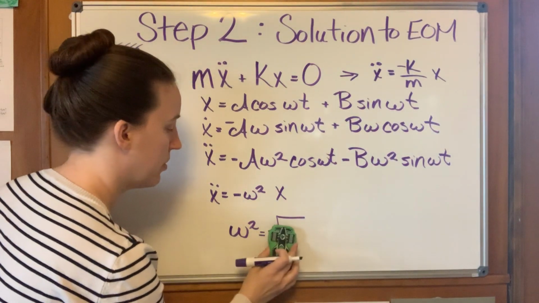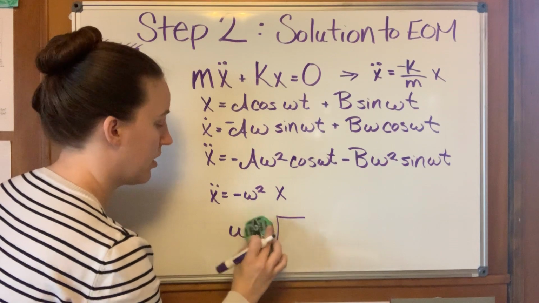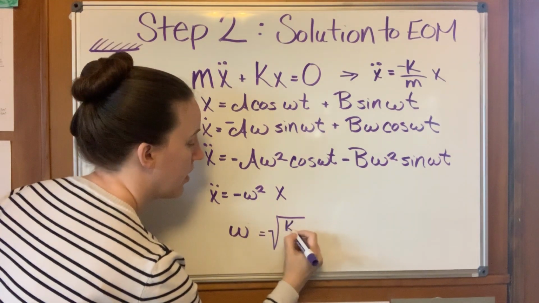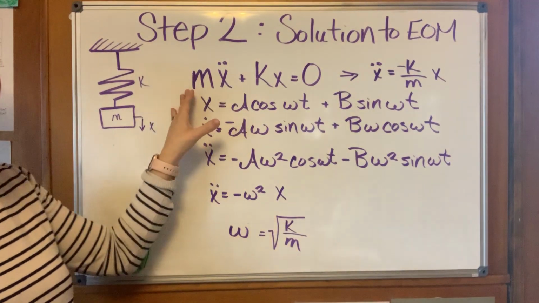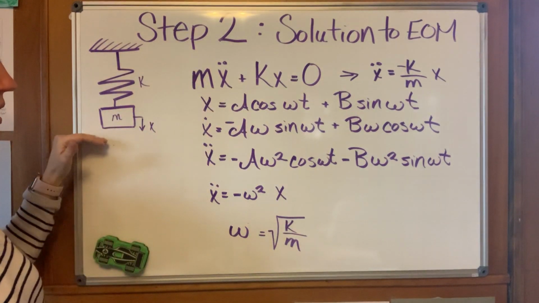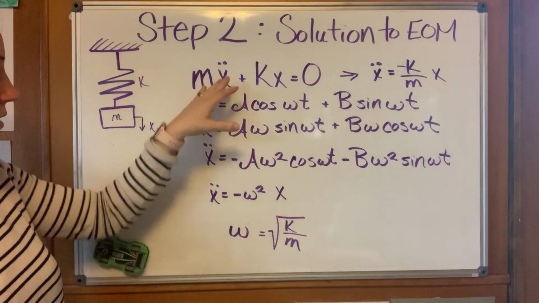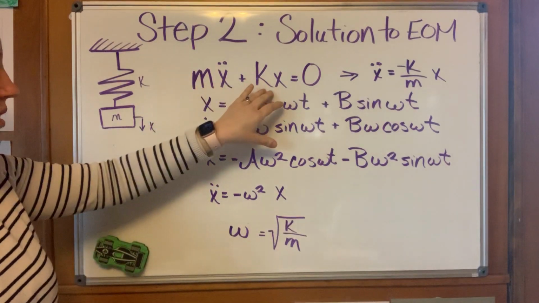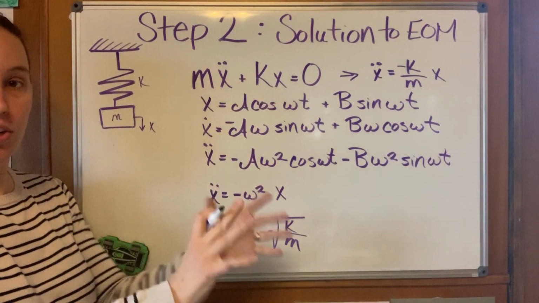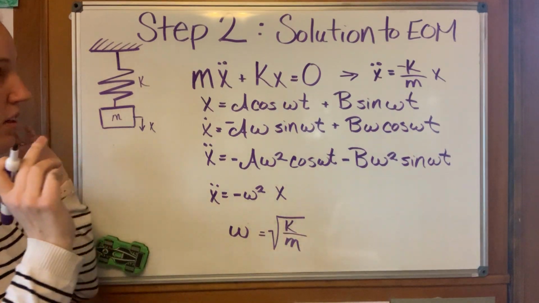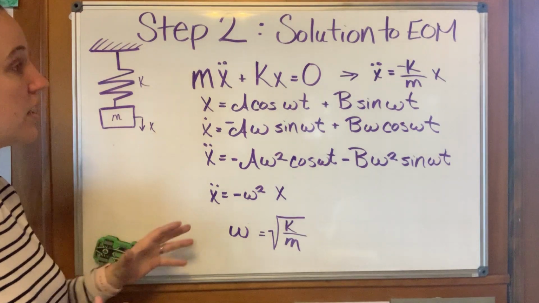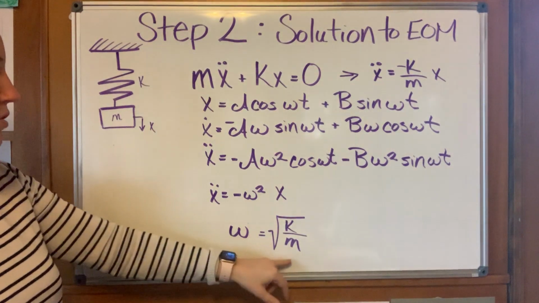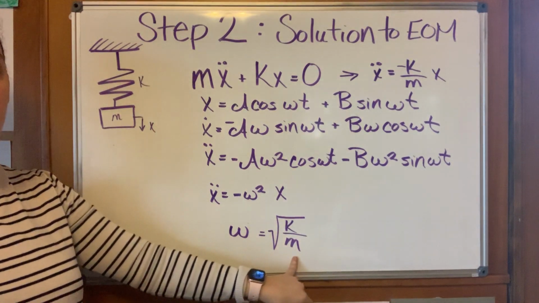Oh wait, omega has got to equal the square root of k over m. So it doesn't actually matter the initial conditions here. Whatever mass and spring that we have, no matter how we perturb that, whether we give it an initial velocity or initial displacement, no matter how much the initial displacement is, we know that we're going to have some frequency of the square root of k over m.